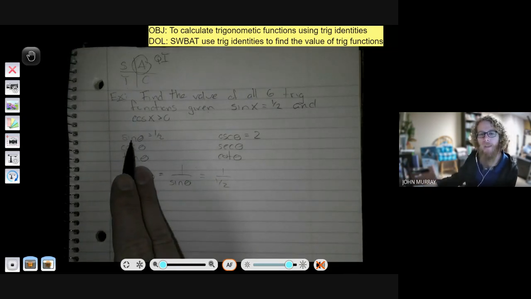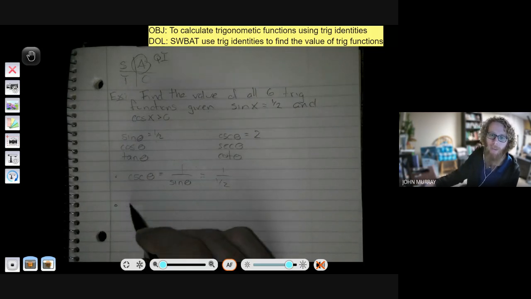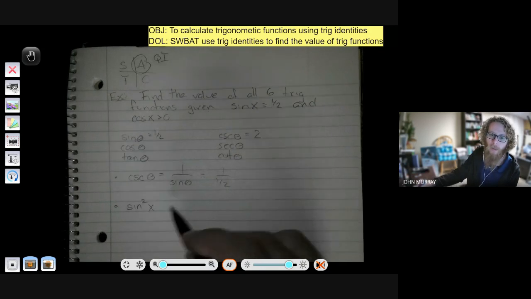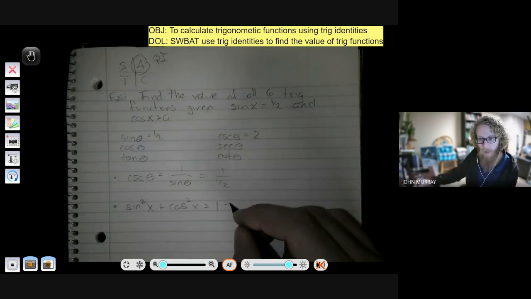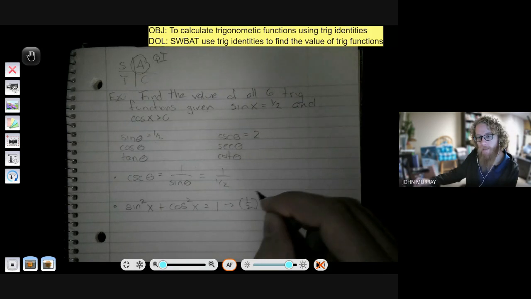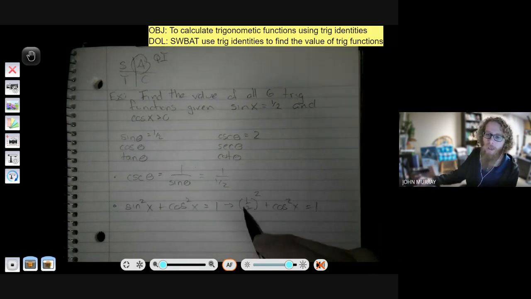Again, because I have sine, I can find cosine using a Pythagorean identity. These are supposed to be x's, but it doesn't matter. So I'm going to have 1/2 squared plus cosine squared equals 1.